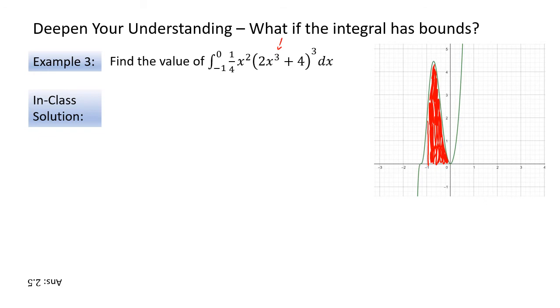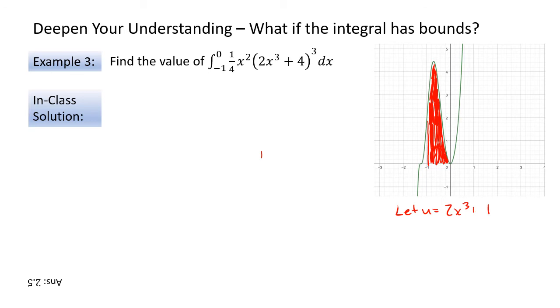So starting again, looking at this function, we have an item in the brackets raised to an exponent. That's always a good idea to start with as our function u, using substitution. So I'm going to let u equal 2x cubed plus 4.